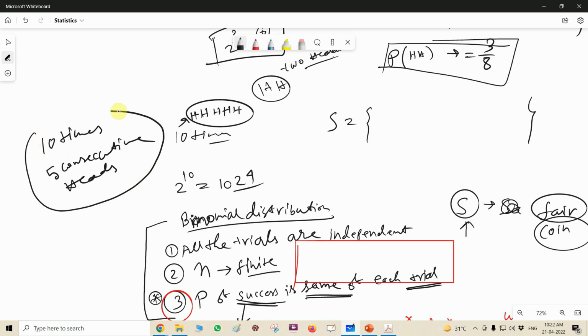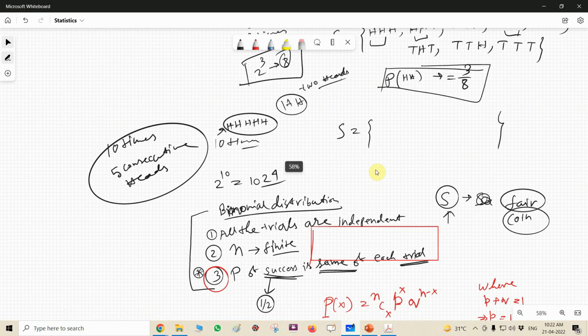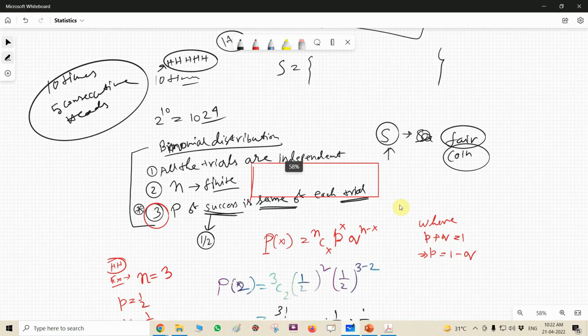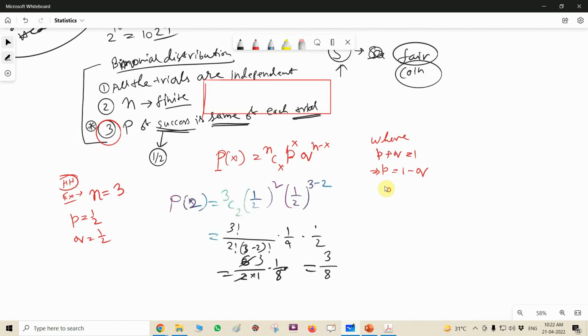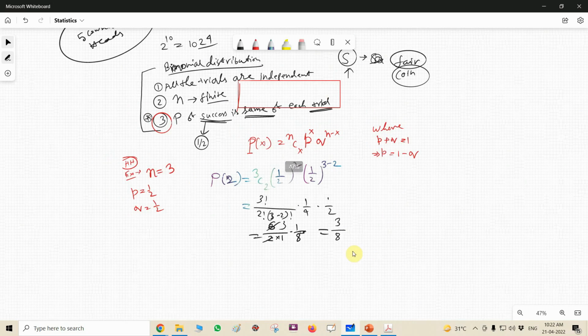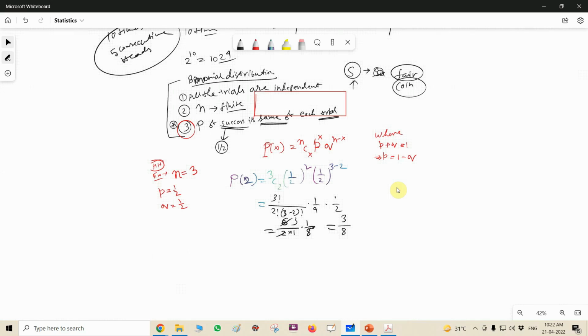What will be the chances, what will be the probability of having 5 consecutive heads? Now tell me, क्या करोगे? Ten times you are tossing, what are the chances of having 5 consecutive heads?